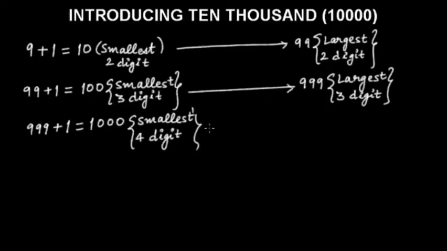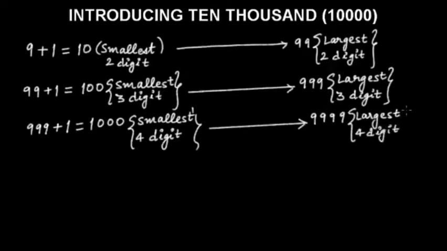Then what is the largest 4-digit number? That is 9, 9, 9 and 9. This is the largest 4-digit number.